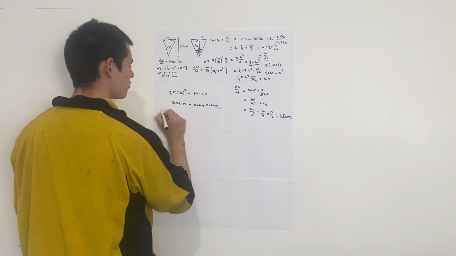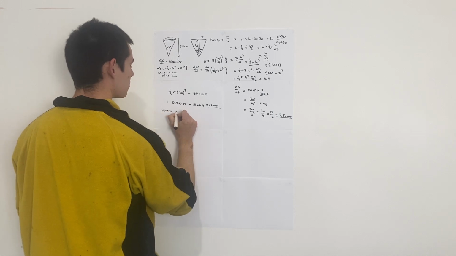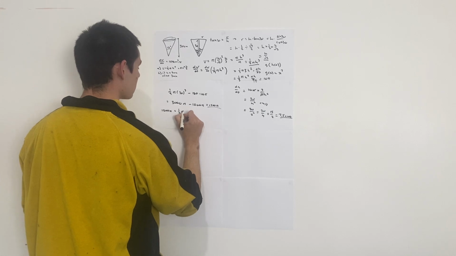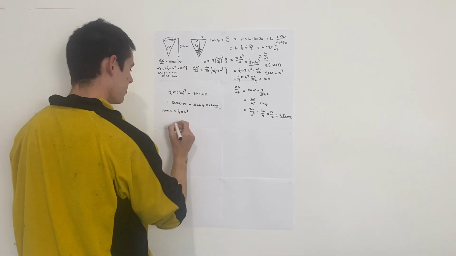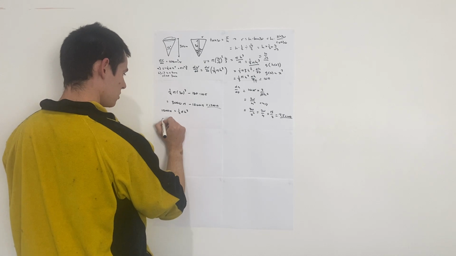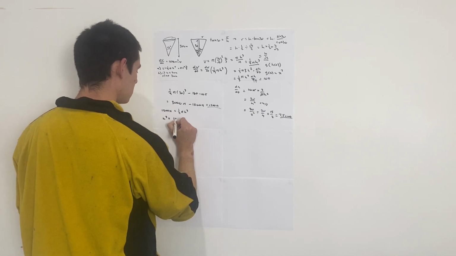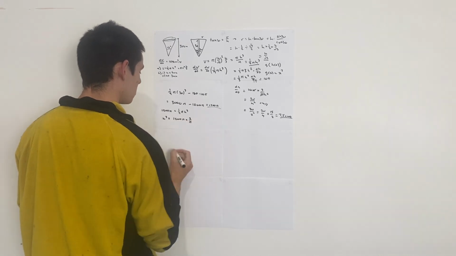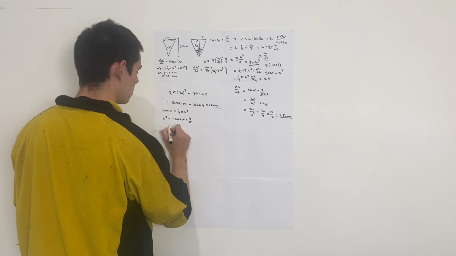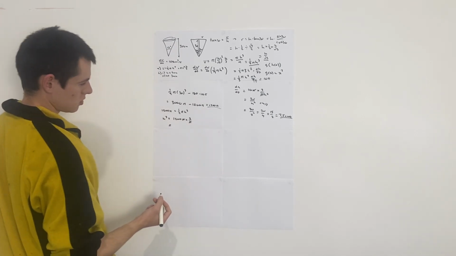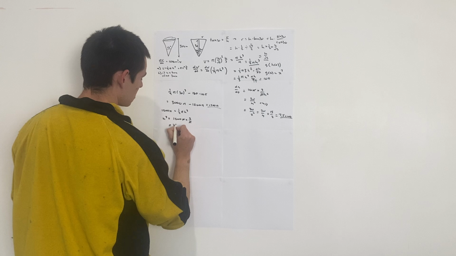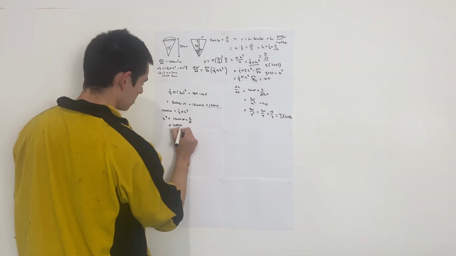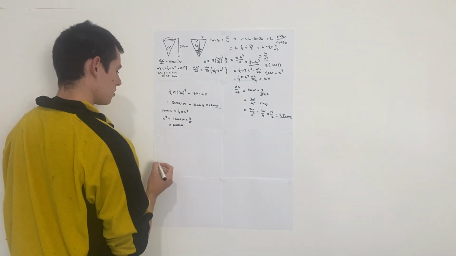To find h, 1,200 pi equals 1/9 pi h cubed. So h cubed equals 1,200 pi times 9 over pi, which is 10,800.